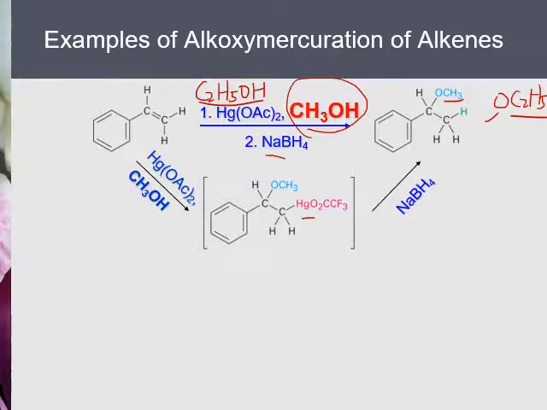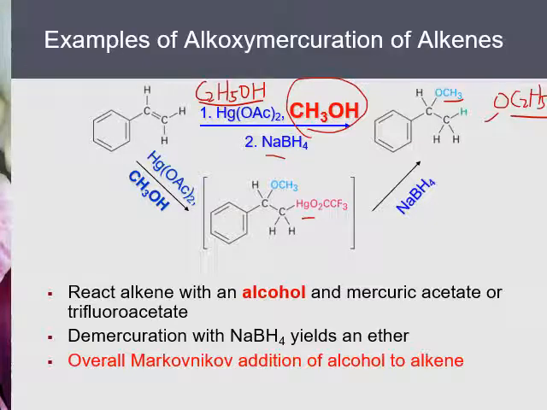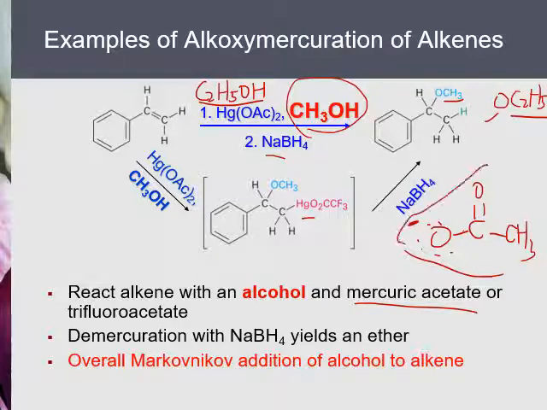Also note that in the first step, we use acetate, so mercury acetate. The acetate has this structure. So this is called acetate. So this combined with mercury, that's mercury acetate.